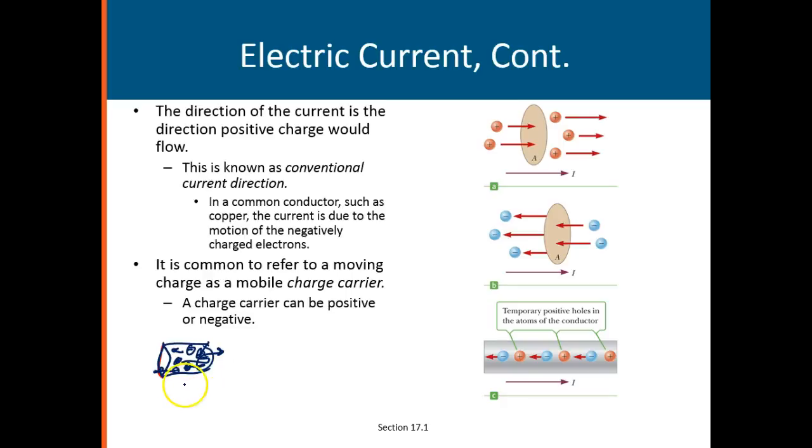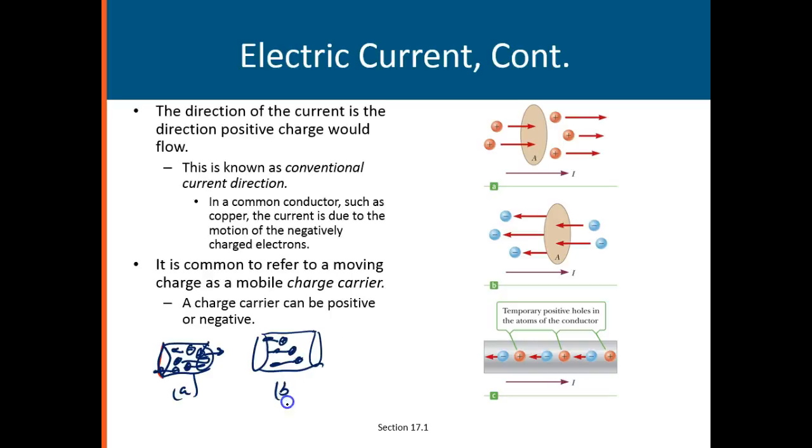Now, the B picture. This is A. I'll try to draw B a little bit better. Okay? Here you have a positive going this way, a positive going this way, and a positive going this way. All 3 positives going to the left.